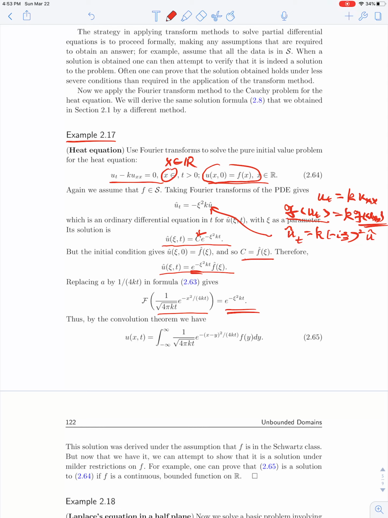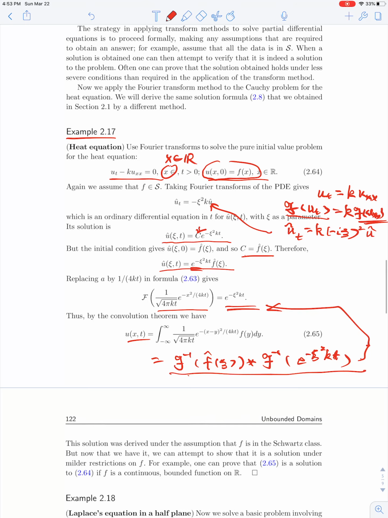Now the solution is written as the convolution of f with the inverse Fourier transform of this, that is this. So this actually is what gives us this formula here.